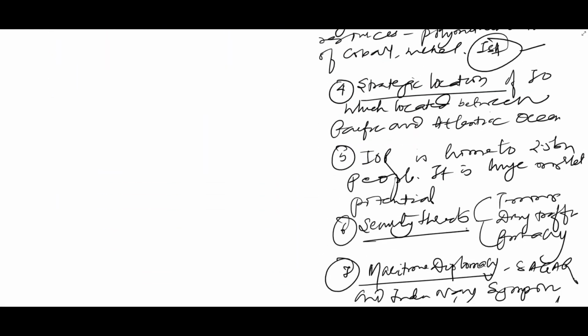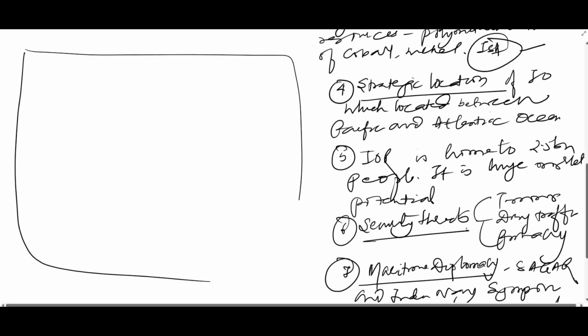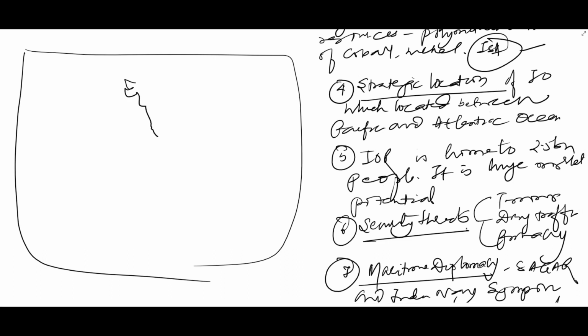Then, as I promised, you can draw a box and draw some rough diagram. I'm drawing this rough diagram, so please bear with me.